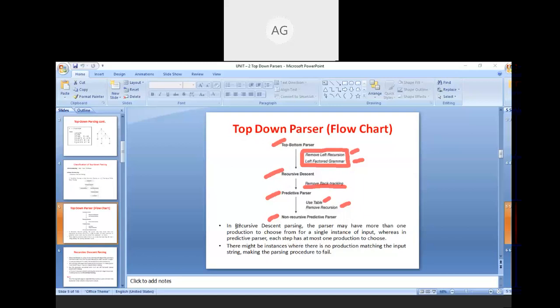So just as in the case of recursive descent parsing and predictive parsing, there might be instances where there is no production matching the input string, making the parsing procedure fail. So you cannot always generate the string with the parser.